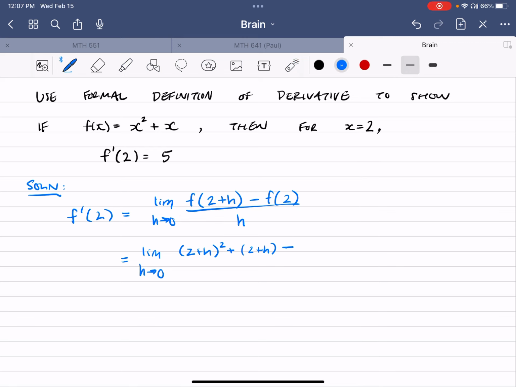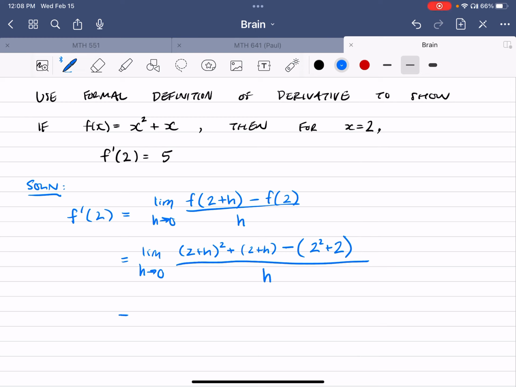And then we need to subtract with parentheses to cover the entire function. This thing here is going to go here. So again, wherever we see an x, we're going to plug in 2. So 2 squared plus 2. And again, make sure you keep your parentheses here around this entire thing. Otherwise, this subtraction sign won't get to this second term, and then you'll get the wrong answer.